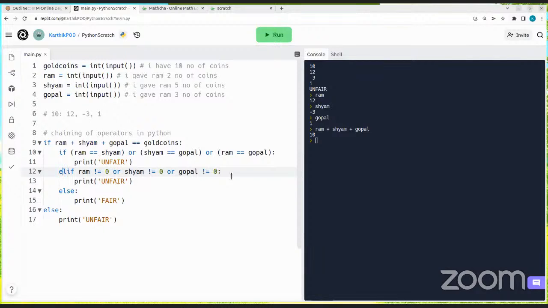Line 13 should be fair. So if any of them is non-zero. Yeah, it should be and. Okay, for this you have to change and you are right, yeah.